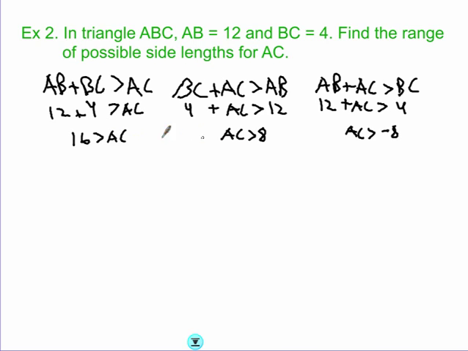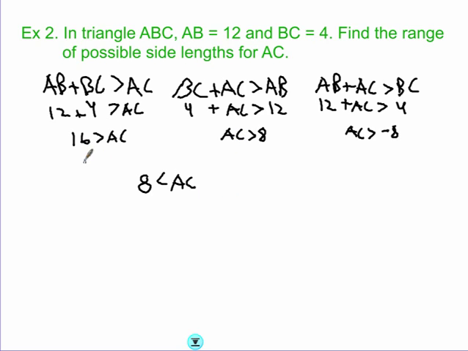So how can I rewrite these so that they have the exact same sign? Well, what if I said that 8 is less than AC? That's just this flipped.